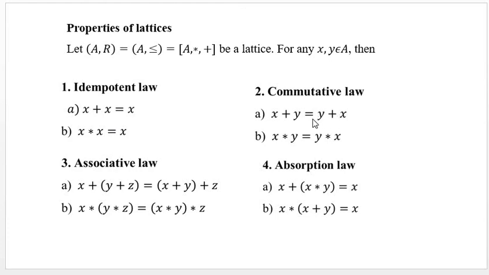Commutative law: x plus y equal to y plus x and x star y equal to y star x. Associative law: x plus (y plus z) equal to (x plus y) plus z, and x star (y star z) equal to (x star y) star z. Absorption law: x plus (x star y) is x, x star (x plus y) equal to x.